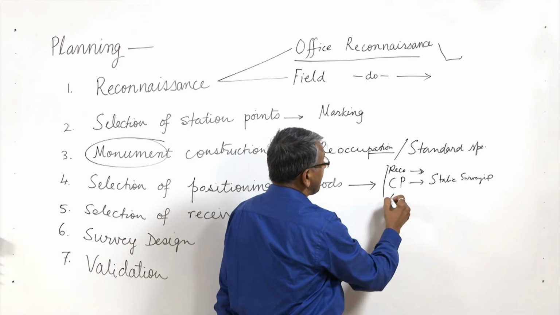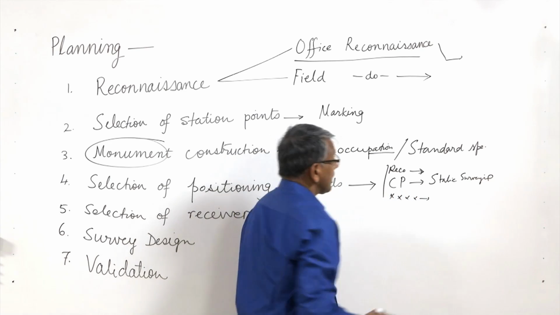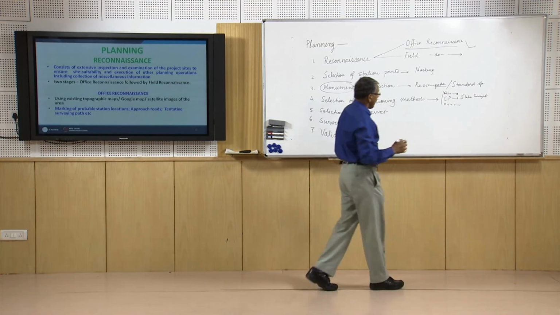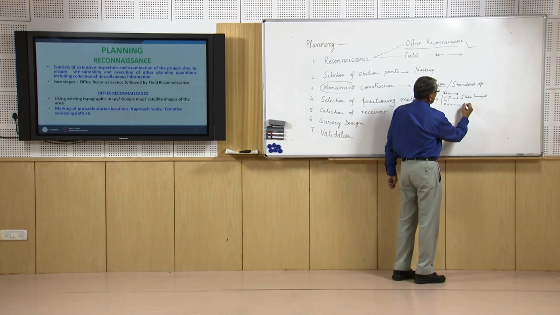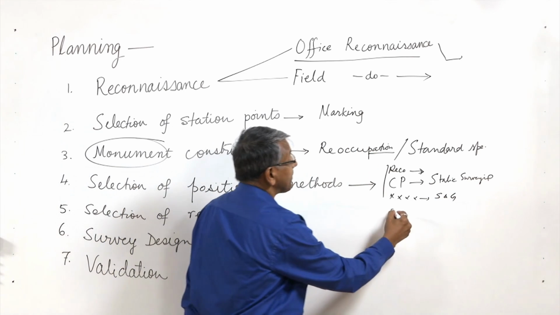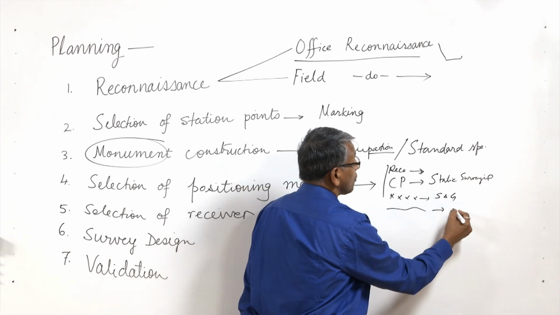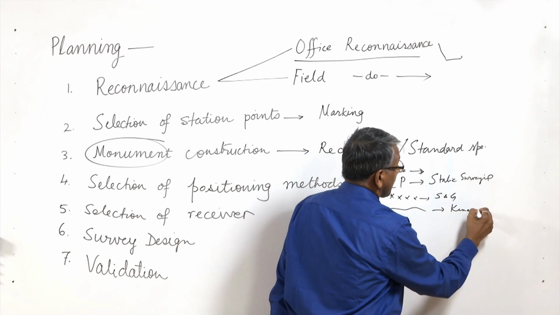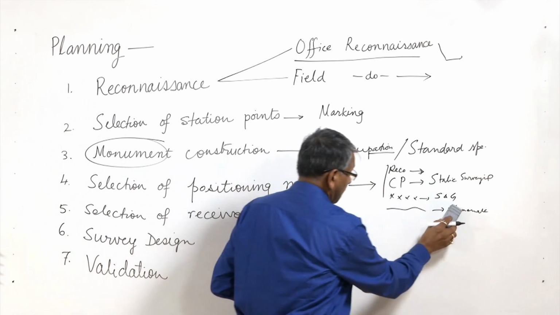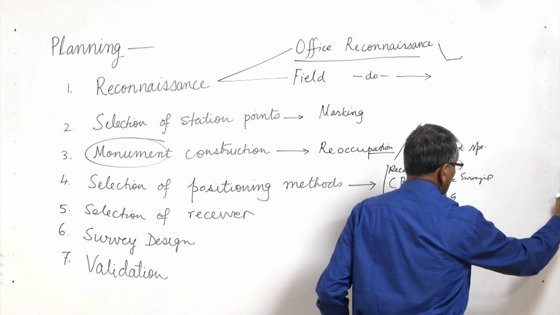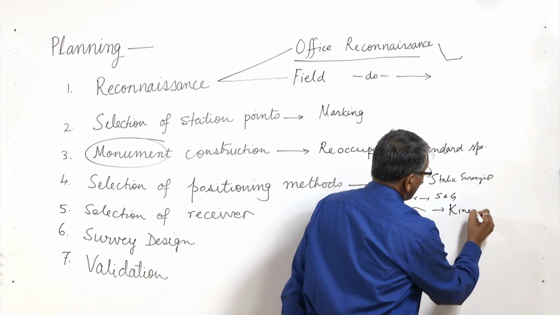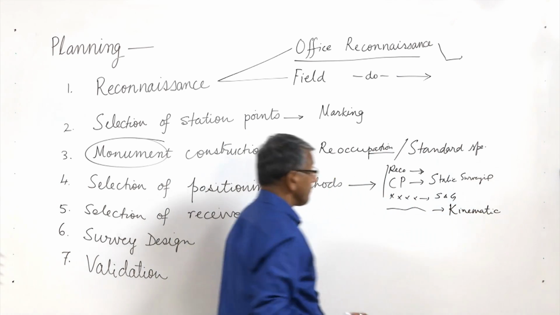If we are to plot defined point objects, then we should go for the stop and go method of surveying, and if we have a linear object, then we should go for kinematic positioning. So depending upon what type of objects or surveying we need to do, we should go for the defined methods.